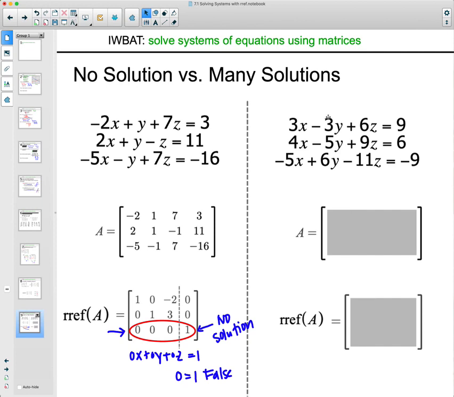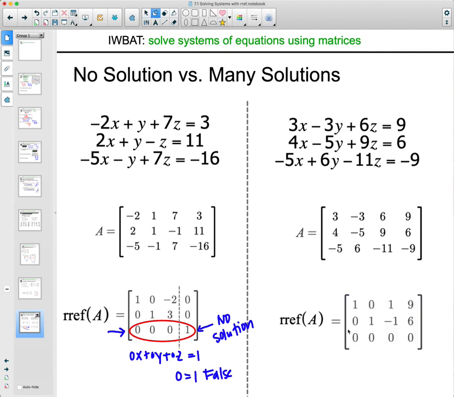Another thing that can happen: if we do this second system here, get it typed in with the augmented matrix, which I've already done, and then the row reduced echelon form. Now when you look at this bottom row, this one says 0x plus 0y plus 0z equals 0.